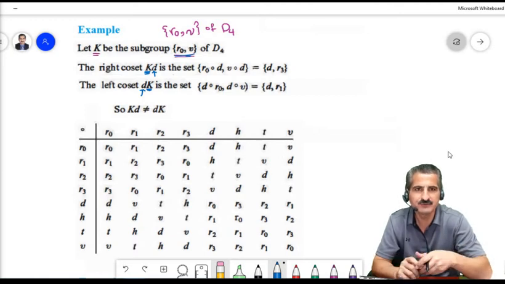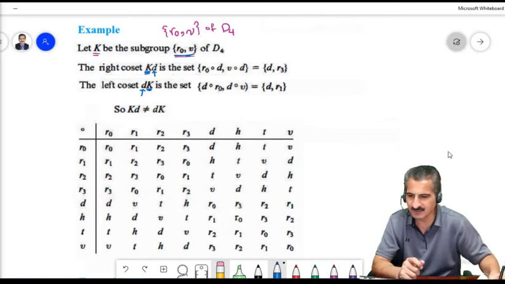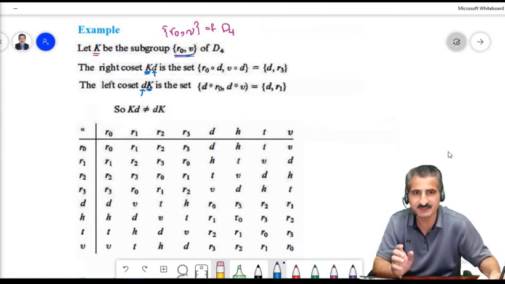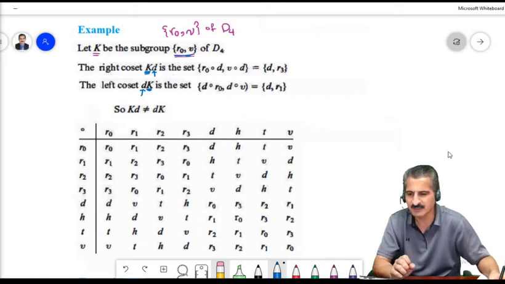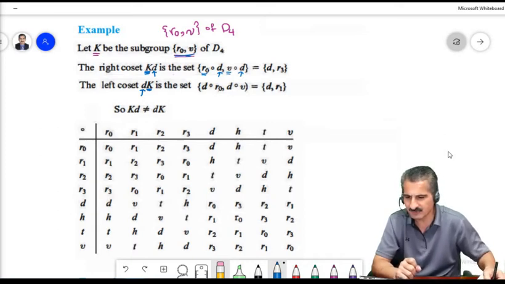So we will multiply the elements of K, R0 and V, with D. Multiplication here means composition. Now if we use the table, R0 compose D is D, here we go, and V compose D is R3, and this is the result.